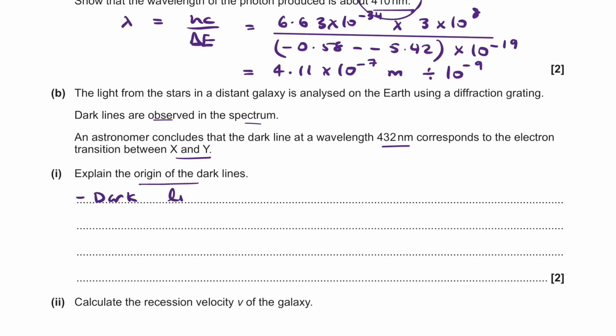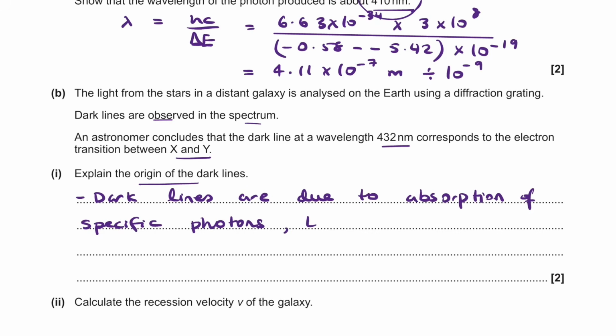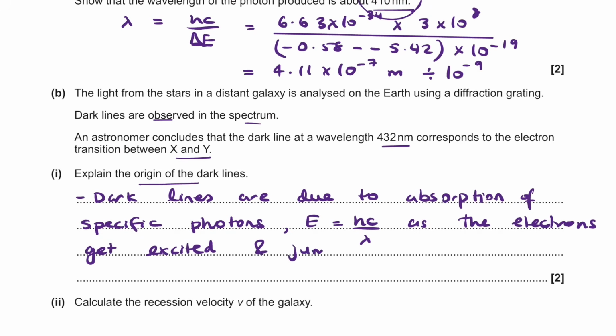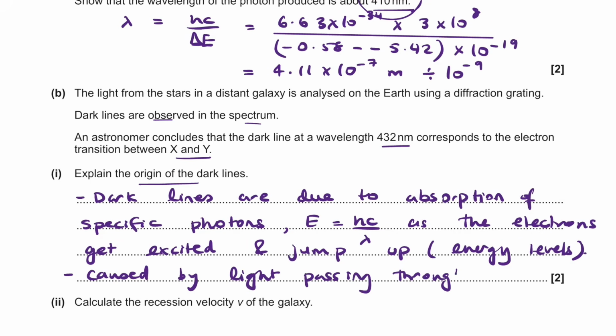Dark lines are due to the absorption of specific photons, which have energy of hc over lambda, as the electrons get excited and jump up. And it's caused by the light that's passing through the cooler stellar atmospheres.